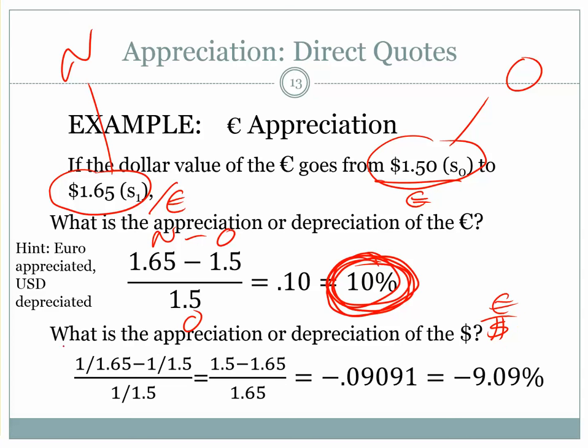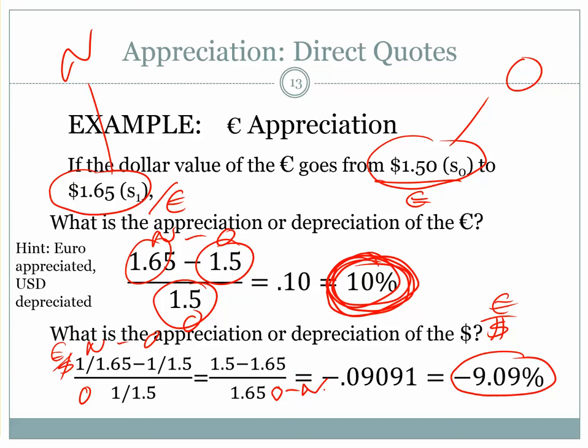So if I convert these to euro over dollar and do new minus old over old, so 1 over 1.65 minus 1 over 1.50, over 1 over 1.50, you'll see that the dollar devalued 9%. But mathematically, it just luckily happens that if you take old minus new over new, which you generally don't do for a percent change formula, that'll give you the same value. So that's easy. That's the shortcut.